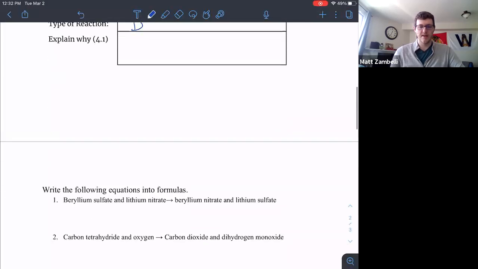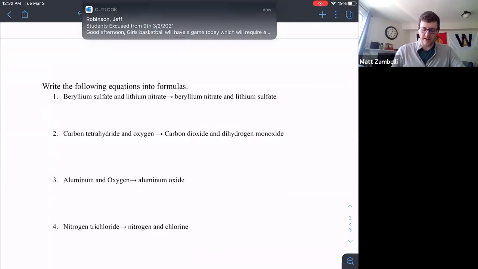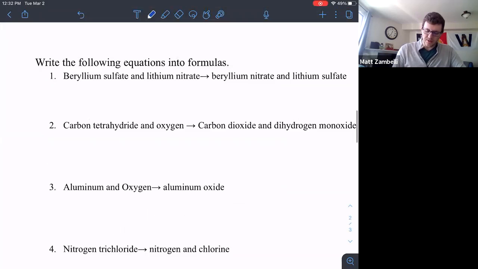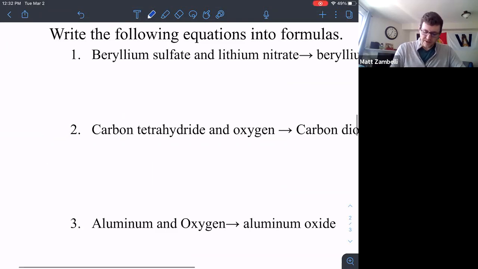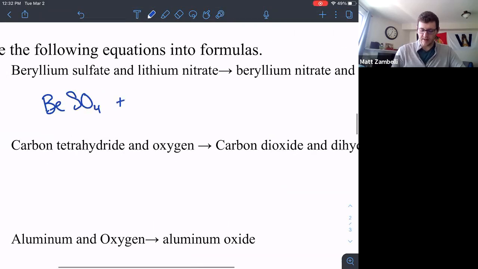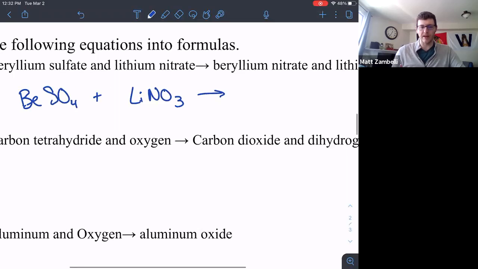All right. Then down below, you guys are writing out those equations into formulas. So you need to find out what those formulas were. Beryllium sulfate should be BeSO4. And lithium nitrate is LiNO3. And they're making beryllium nitrate.